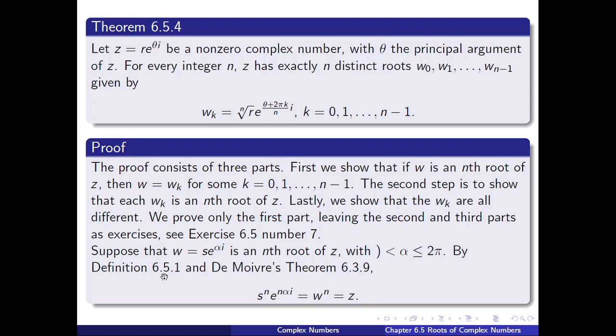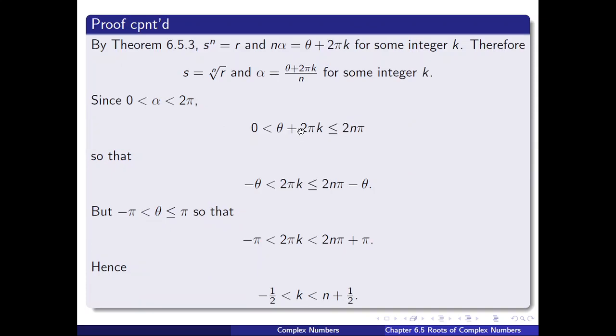Then by definition 6.5.1 and de Moivre's theorem, it means that s^n e^(n alpha i) is equal to w^n, which is equal to z. So we want to show that if this is the case, then it has to look like one of these, right?